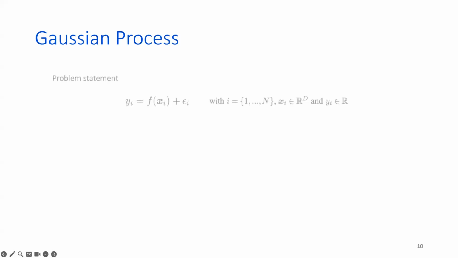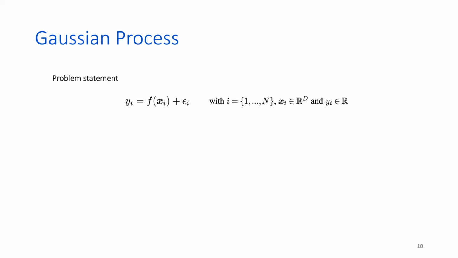So let's first consider this regression problem where we have a set of observations, xi and yi, and these observations are generated by a function f and modulated by a noise term epsilon i. And we're going to assume that this noise term is normally distributed with a mean of 0 and a standard deviation sigma. The function f can be modeled with a Gaussian process.